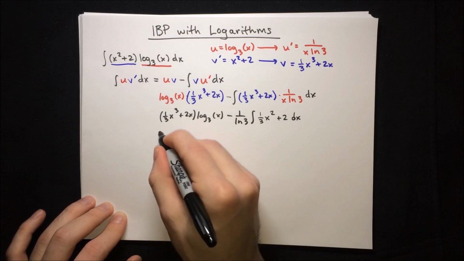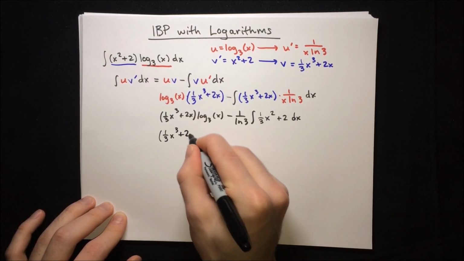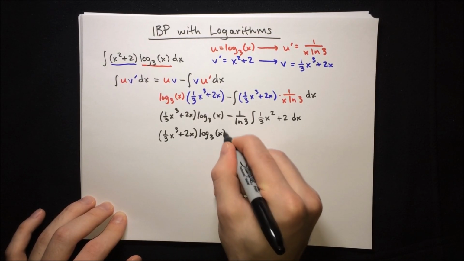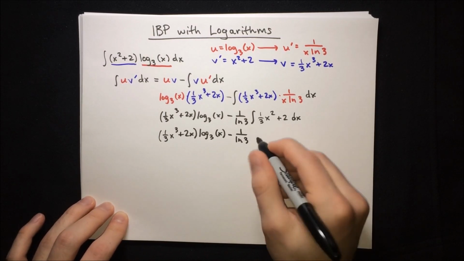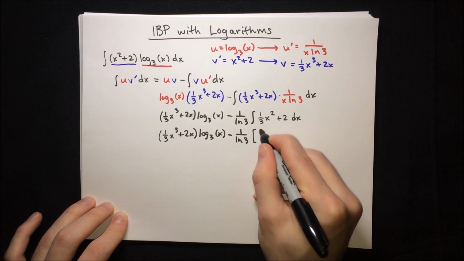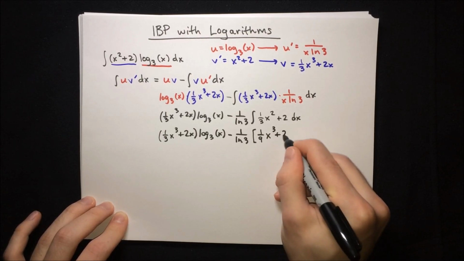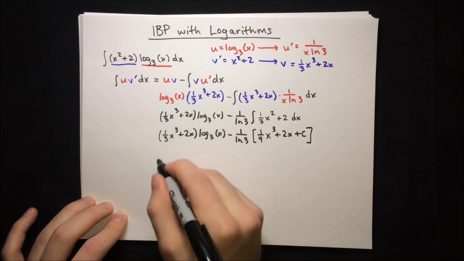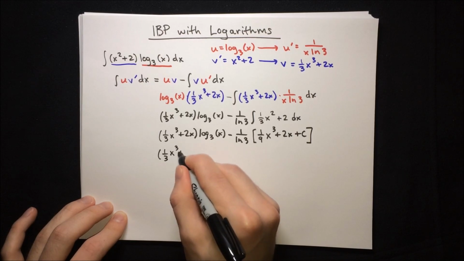And we'll write this again, and we can solve for the integral now. So just bringing down our initial terms, and now let's solve for the integral. So that's 1 over ln 3, and the integral evaluates to 1 over 9 x cubed plus 2x plus some constant. And now we can go ahead and simplify one last time.